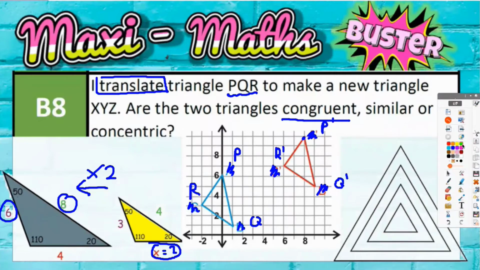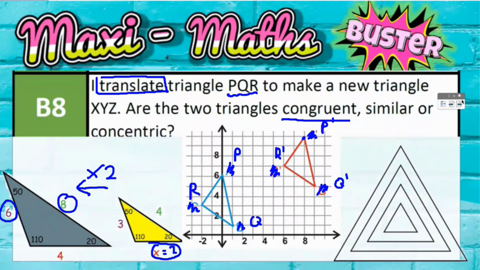Congruent triangles or congruent shapes are not different sizes. They've got to be the same size. So these two triangles on the left hand side are not congruent. They are similar because they are different sizes, but all sides have been increased with the same scale factor. They've all been doubled. So they are similar triangles.